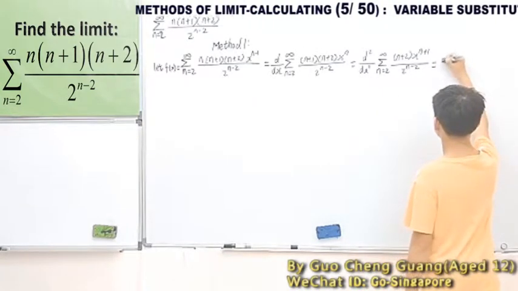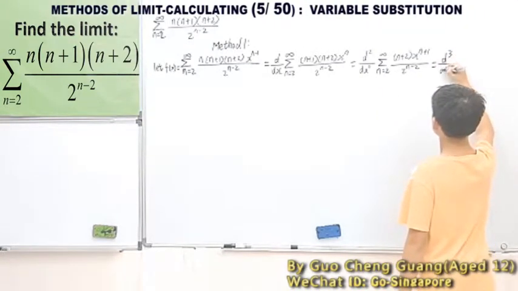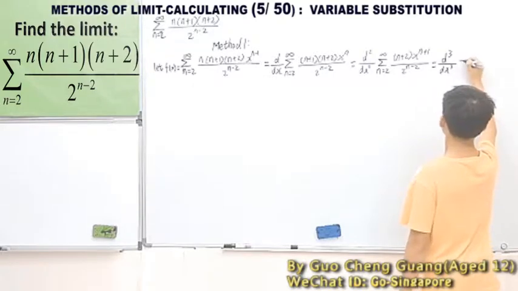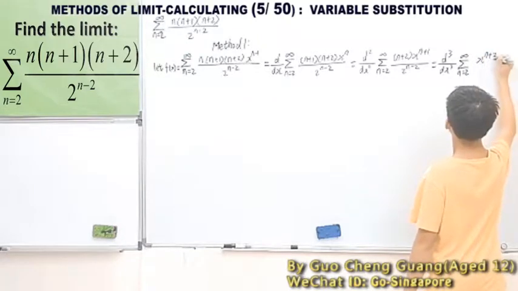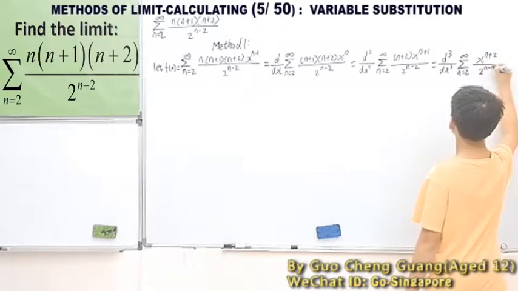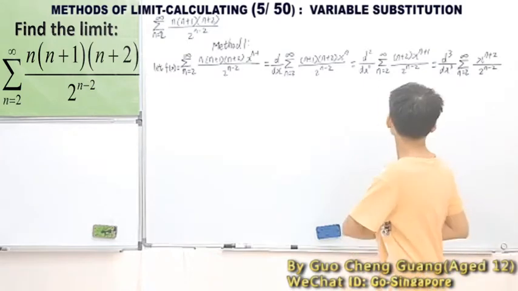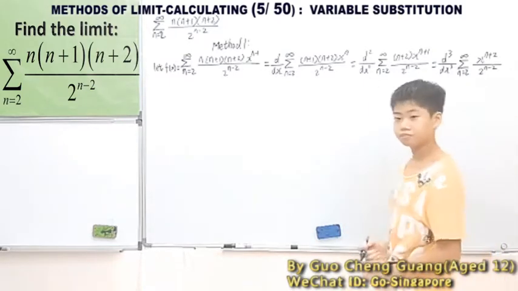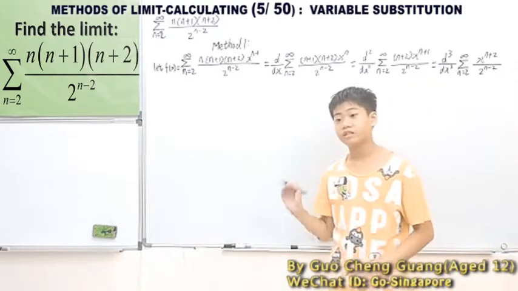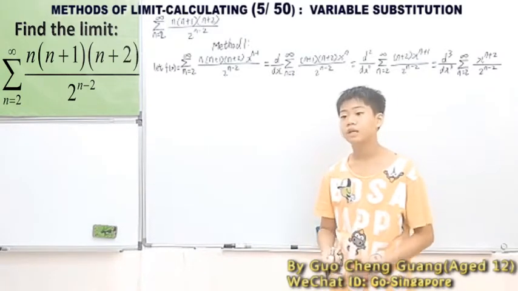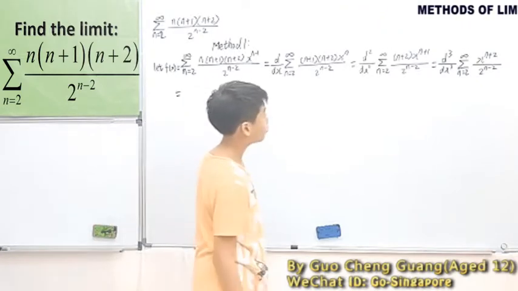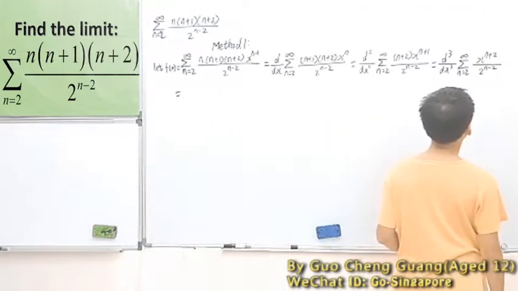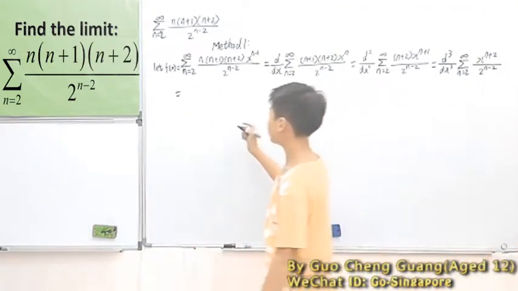Third time integration. Like this. Now we have 3 of this. Is it okay for us to use geometric progression? Yes, it is okay for us now. So, geometric progression, let's use it.